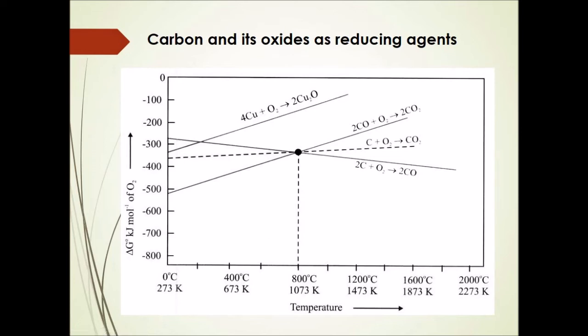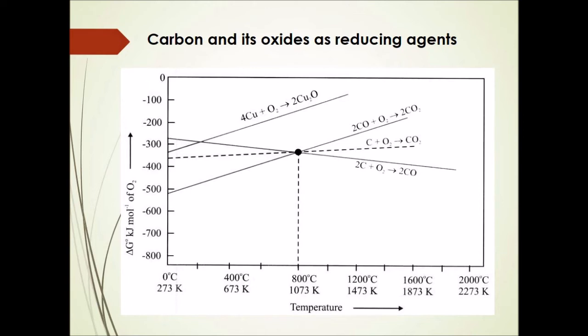This means that it is very easy to reduce cuprous oxide to metallic copper just by heating with coke. The reason, as I've already told in the previous slide, is that the curves which are present below can easily reduce the metal oxides which are present above. Choosing a suitable reducing agent is better understood using this Ellingham diagram.